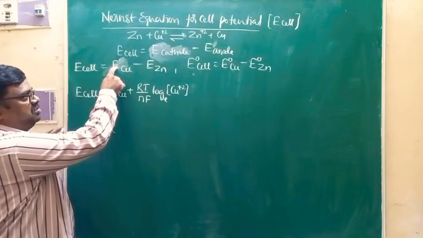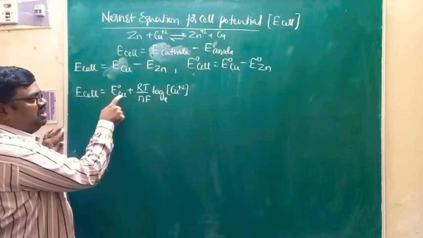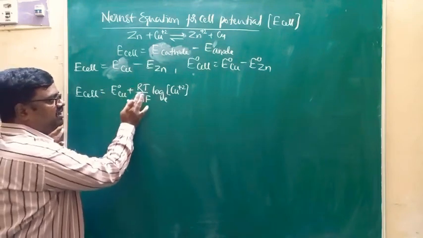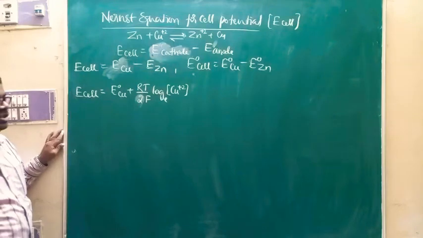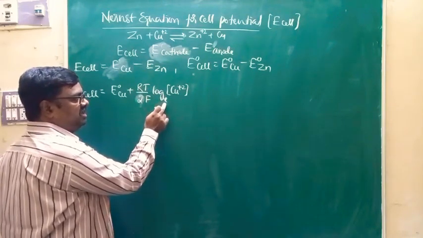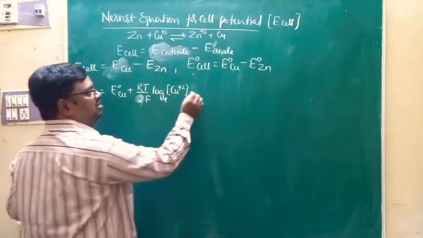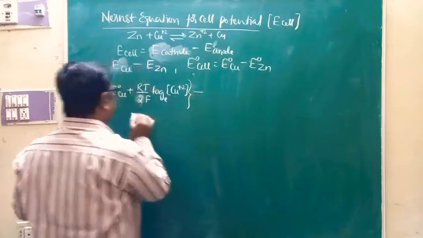I have written the expression for the electrode potential of copper. E of copper is equal to E0 of copper plus RT by 2F, because the charge of copper is plus 2, log of the concentration of copper ion. This is the E of copper.